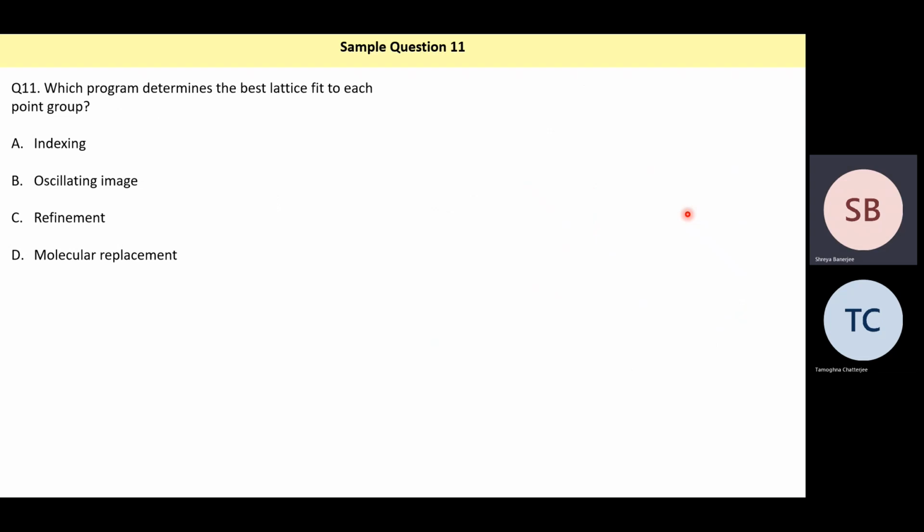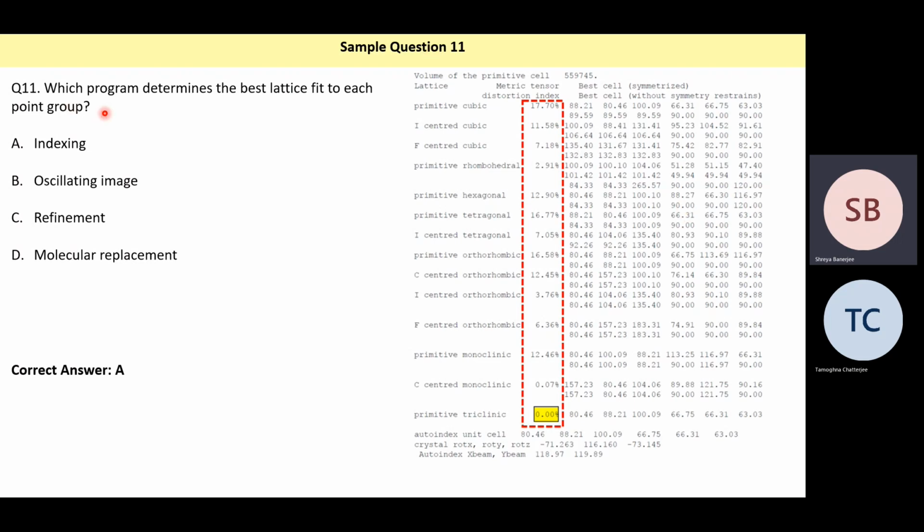Then, which program determines the best lattice fit to each point group? Ma'am, is it indexing? Yeah. So indexing is the program which basically gives you an idea. It will take all the 14 Bravais lattices and it will give a measure of the deviation from each of the Bravais lattices.